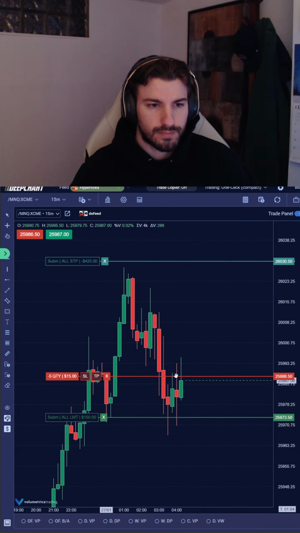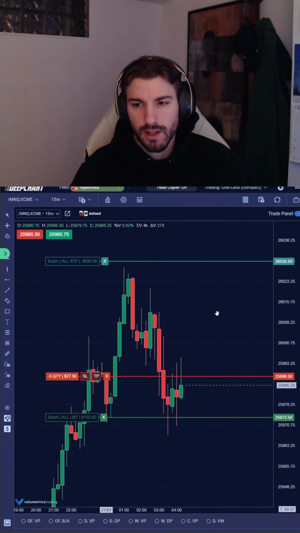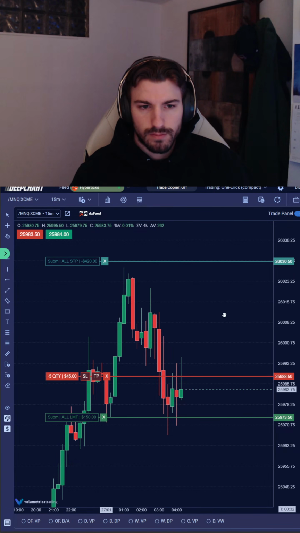I'm taking the gamble here because I want my $150 per 50K account. For 420, I usually risk about 500. And if we come up here and re-break the highs on this candle, I'll add one single micro to all my live Tradovate accounts. But the trade is going pretty good.